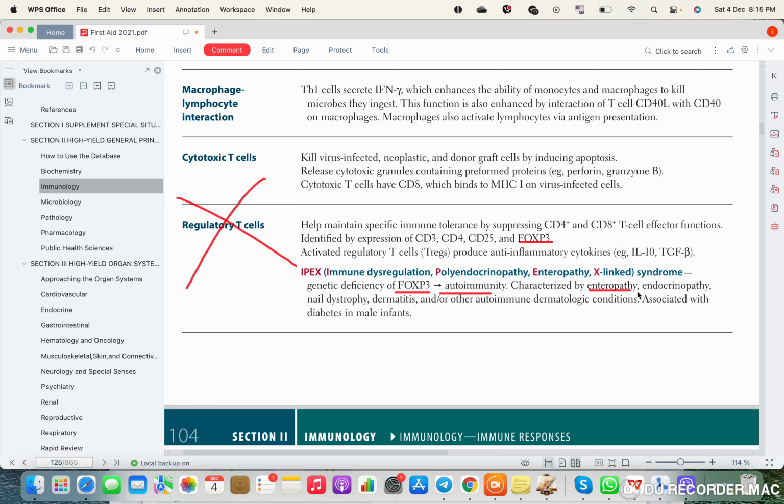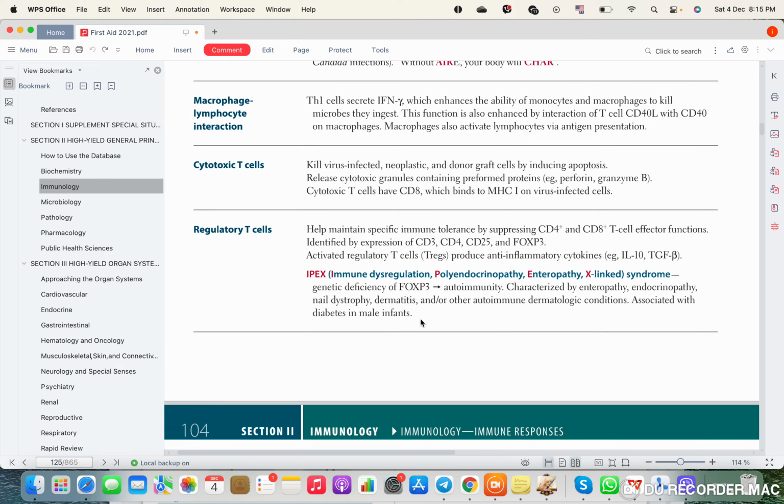So it's characterized by enteropathy, which is like an intestinal problem, endocrinopathy, which is like multiple endocrinological autoimmune diseases, nail dystrophy, and dermatitis. But this is also not what matters. What they give you, and you must recognize, is FOXP3 and the male child with diabetes. That's what they give you, okay? So yeah, they do have a rash and all of that, but the main thing is FOXP3 and diabetes in a male infant, okay?